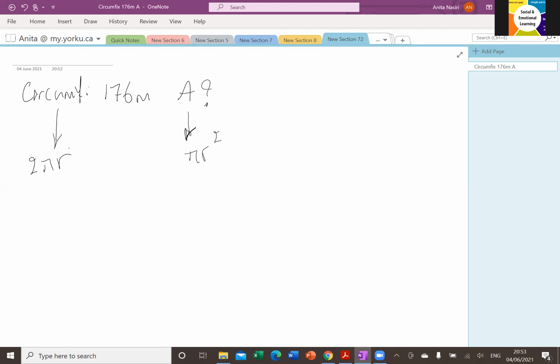If we do that, we will get 88 over pi. And then we must multiply. What we are looking for, thank you for explaining that, but for the sake of understanding, what are you looking for by that dividing? What are you going to get? Area, and then we can multiply it by pi r squared.